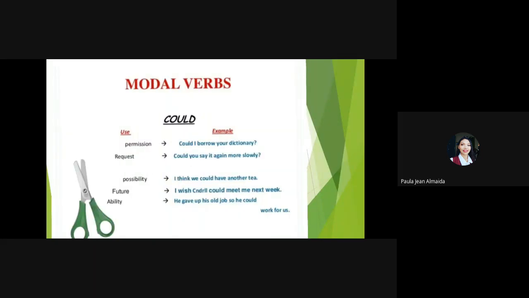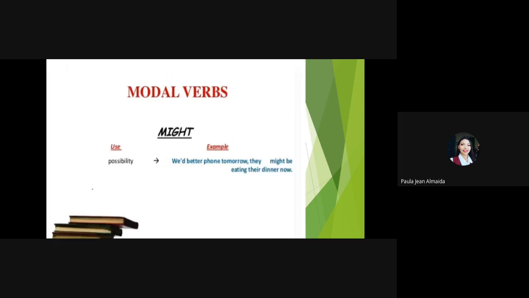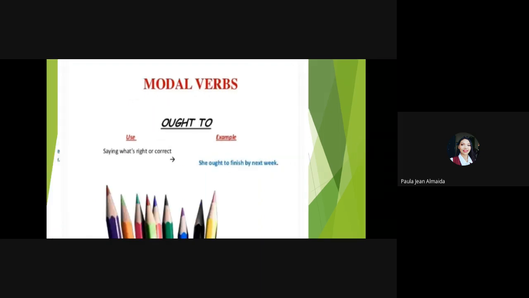So next is could. You can use the modal verb could for permission, request, possibility, future, and ability. Next is may. You can use the modal verb may in asking for permission and giving a possibility. Next is might. You can use might in possibility. Next is ought to. You can use the modal verb ought to in saying what's right or correct.